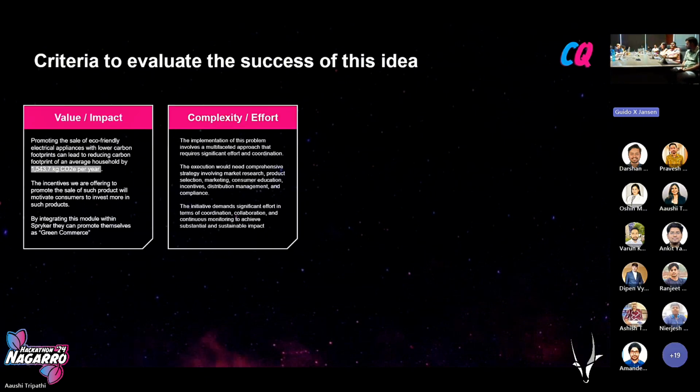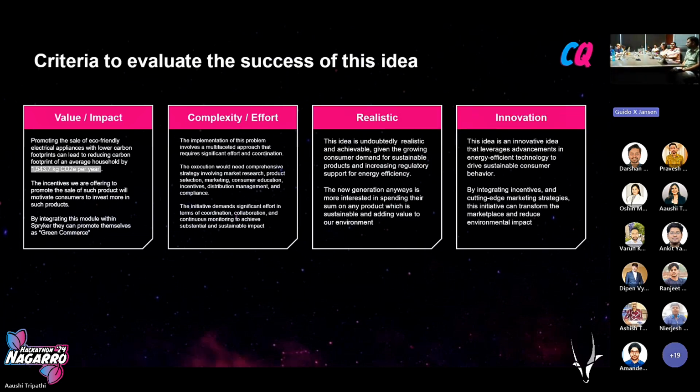I would like to showcase how our idea is going to fit within these pointers. If we are talking about value and impact, definitely if you promote eco-friendly products, it is going to decrease the carbon emission generated per day or per year.